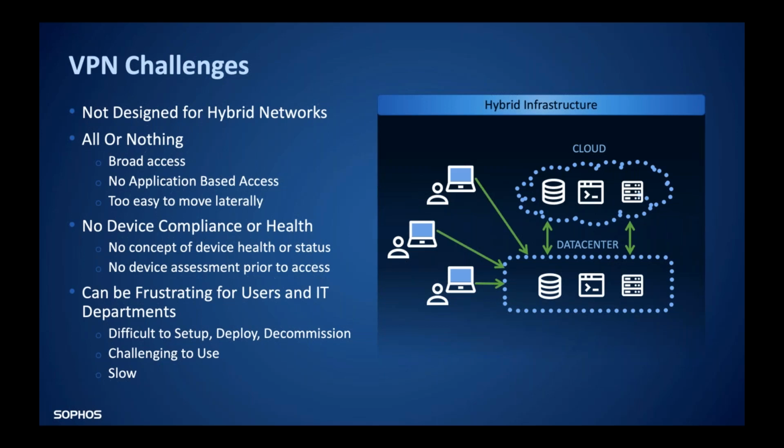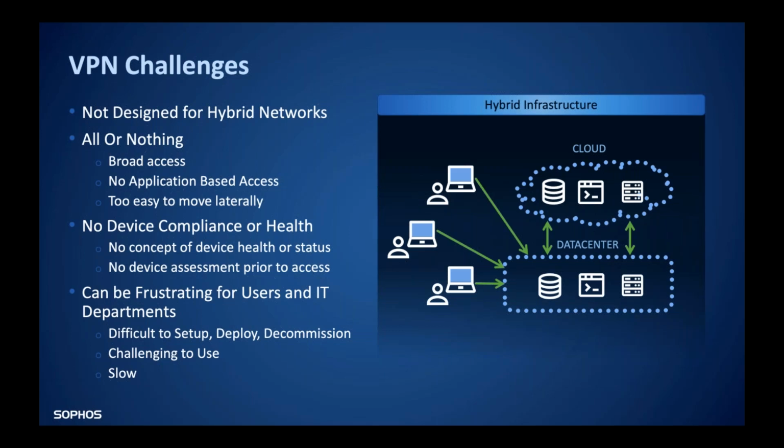What are the challenges with VPN? Why is that not a perfectly good solution? Well, I mean, VPN is fine, actually. It can be used. And as we know, 1.4 million of our customers are using it. So it's not unusable, but it does present some challenges.